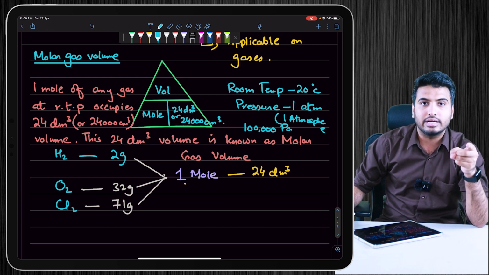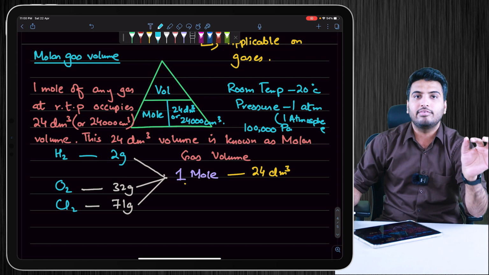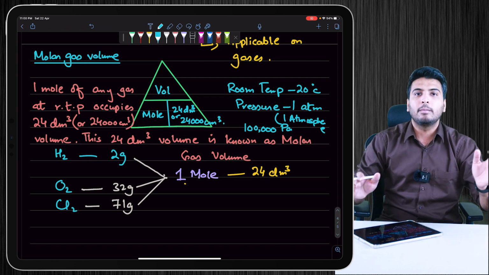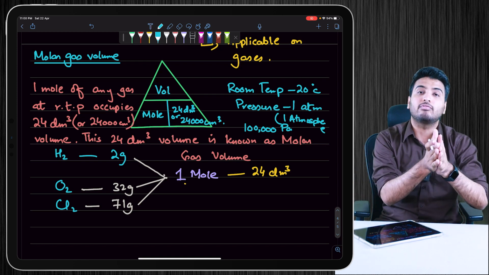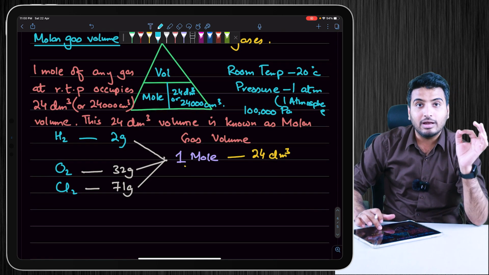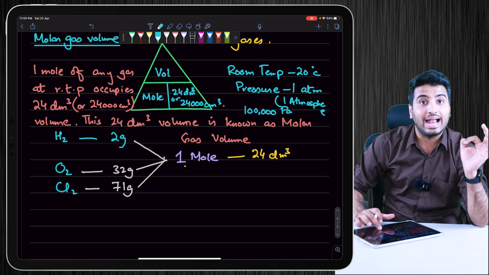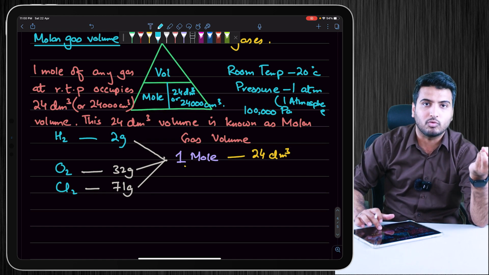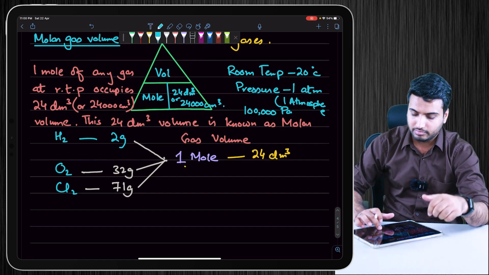The molar gas volume is 24 dm cube, or 24,000 centimeter cube. When 1 mole of any gas at room temperature and pressure occupies 24 dm cube volume, it is known as molar gas volume.